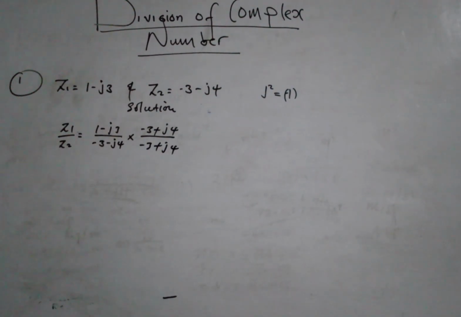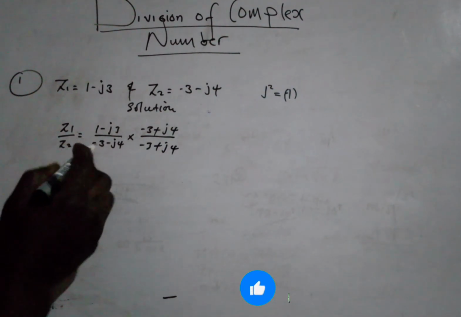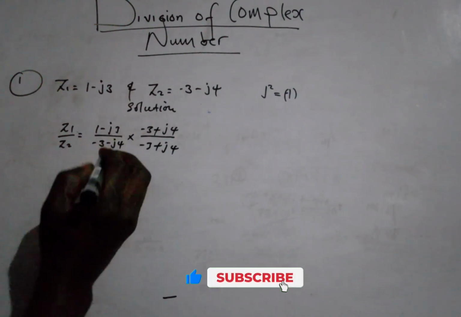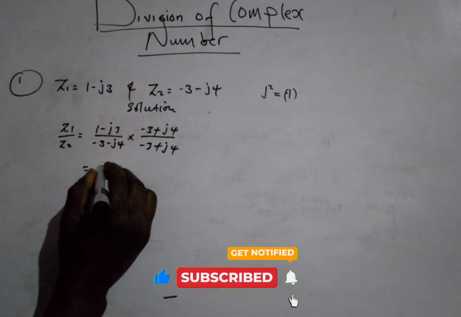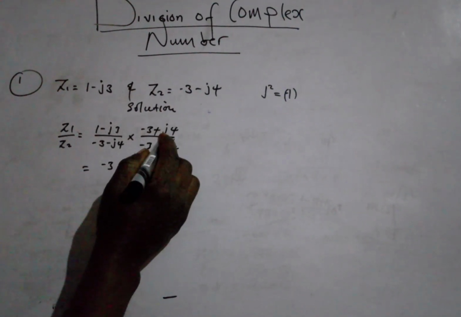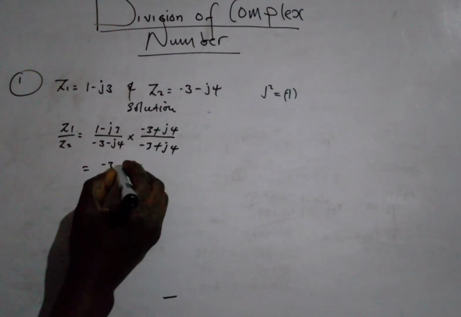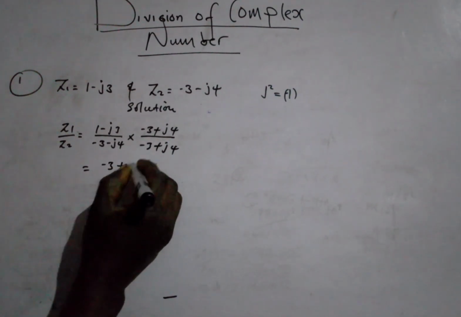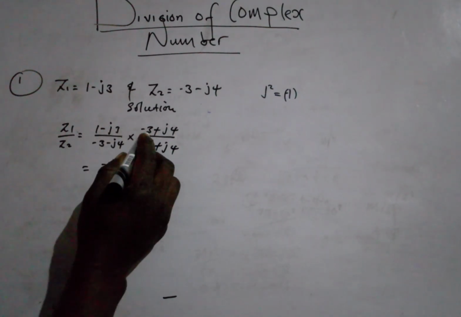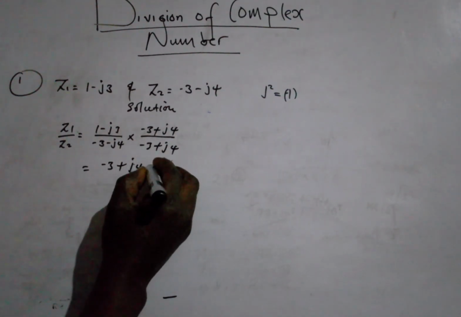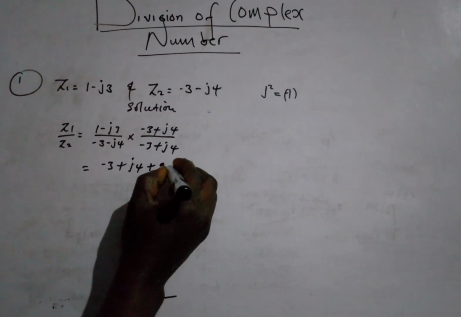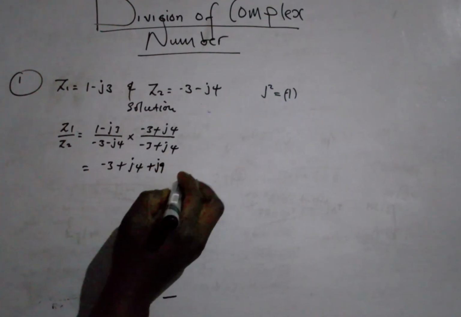Now this is where you multiply. 1 times minus 3, you are going to have minus 3. 1 times i4, you are going to have plus i4. Then minus i3 times the negative 3, you are going to have positive i9.